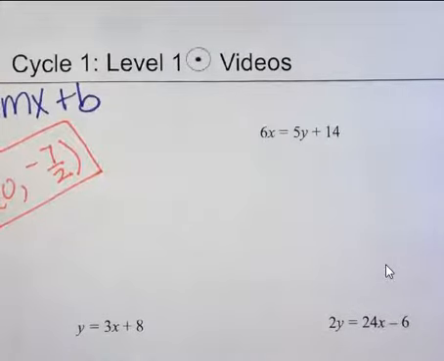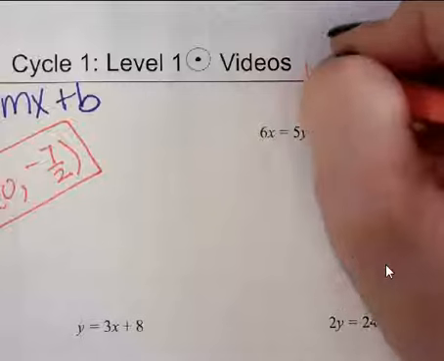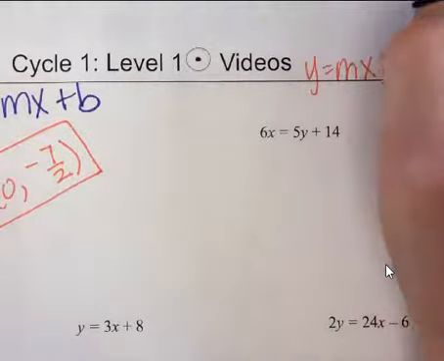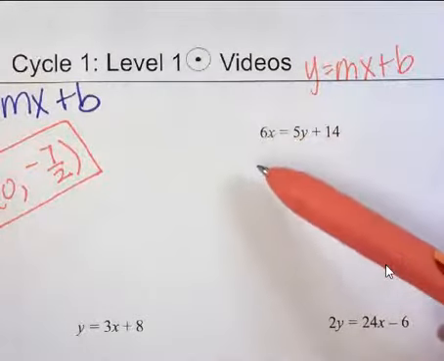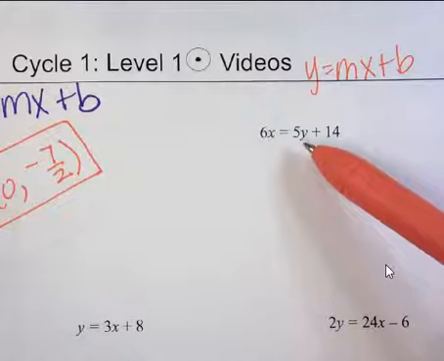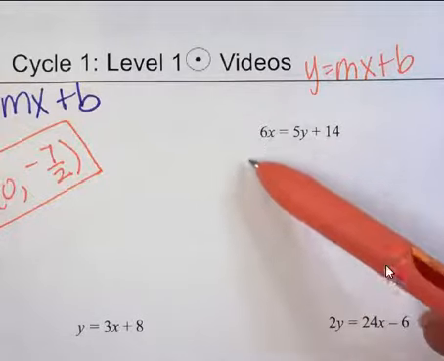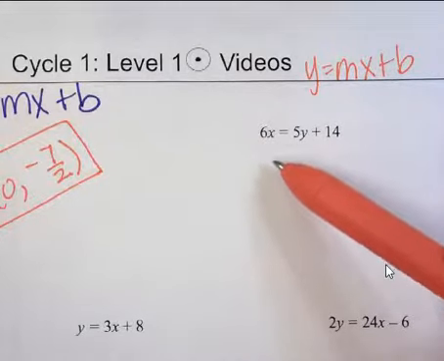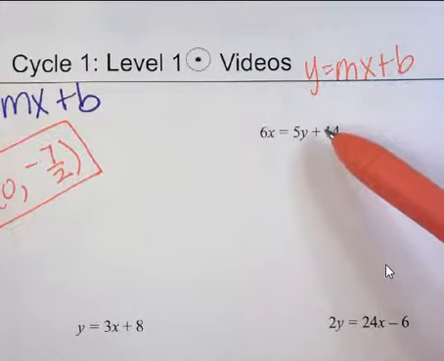Okay. So what do you notice? I notice that there's an x over here by itself, but the y is over here. But I need the y to be by itself. So there's a couple things you could do. Some people might move the 5y over here and then move the 6x over here, right?